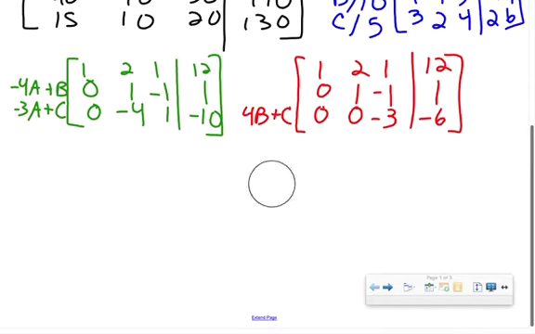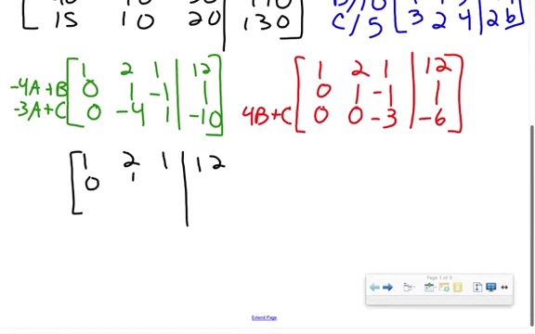Next, my last row I can divide by negative 3. So I'll leave my first and second rows alone again. But take my third row and divide it by negative 3 to get 0, 0, 1, and then 2.